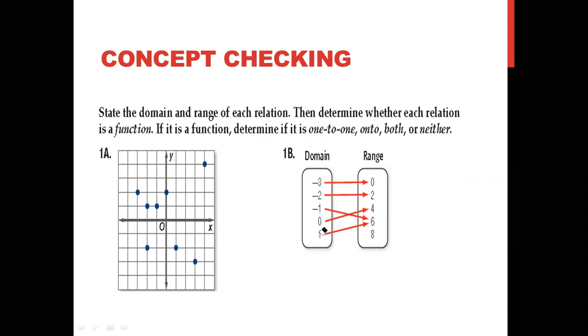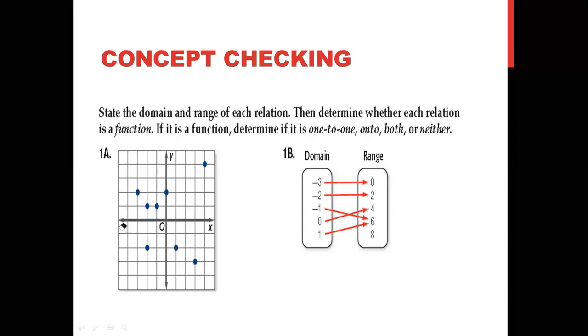For each element in the domain, there is one arrow coming from it. It is not one-to-one, because number 6 in the range is paired with number -1 and number 1 in the domain. And it's not onto, so it's neither one-to-one nor onto, because number 8 here is not paired with any element of the domain.